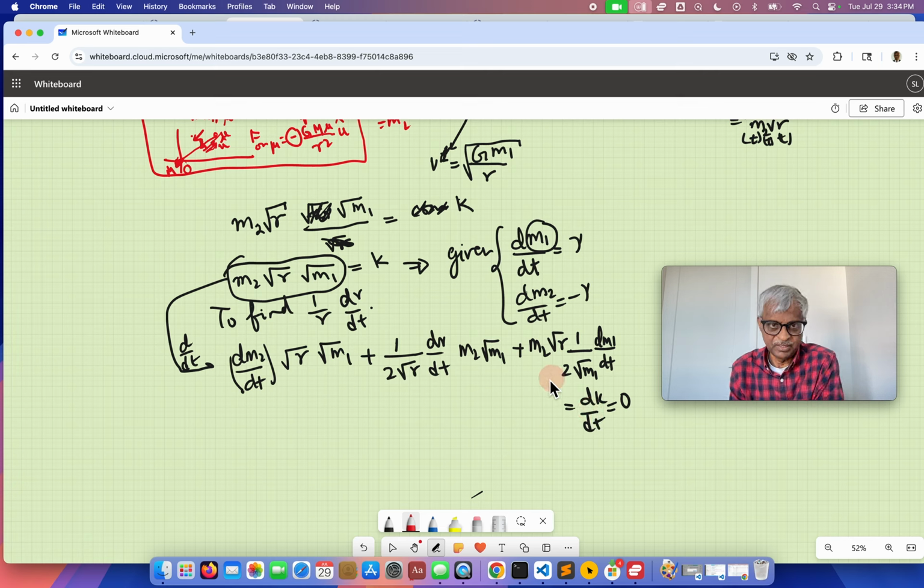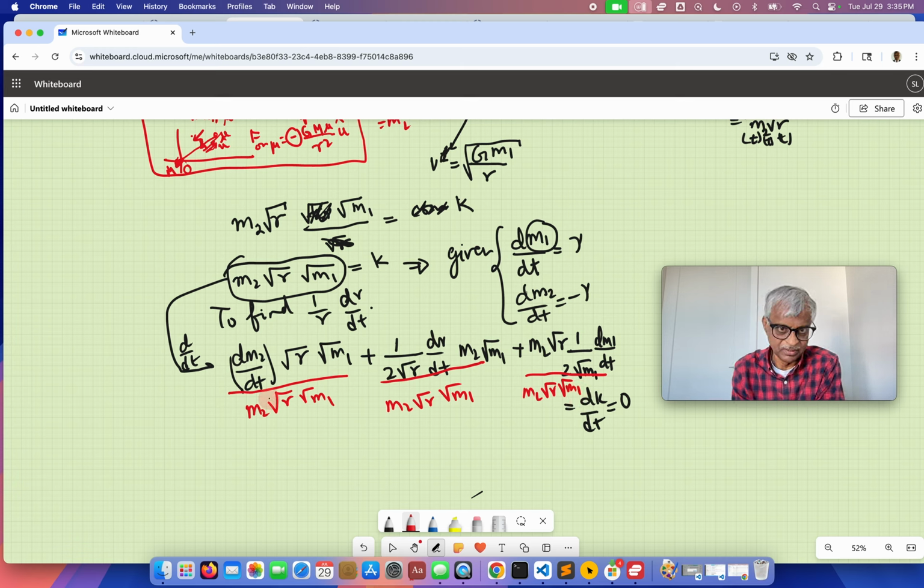Okay, so it looks pretty complicated, but if I divide each term by m2 square root of r square root of m1, you'll see it's going to simplify. These guys all go away. Square root of m1 goes away. M2 goes away. Square root of r goes away.